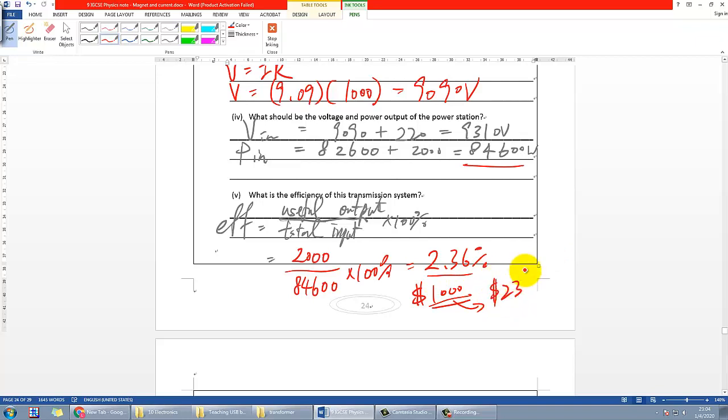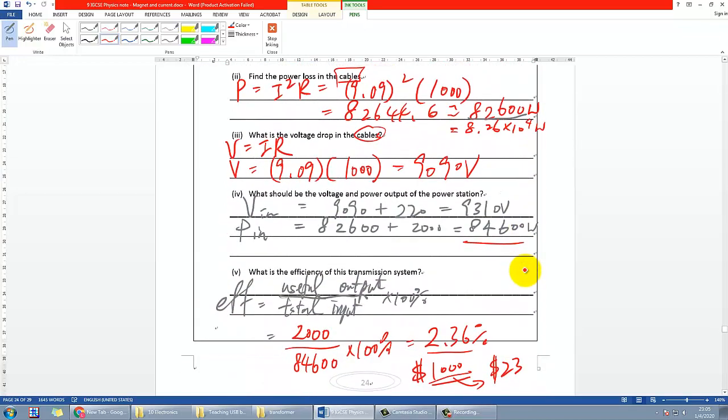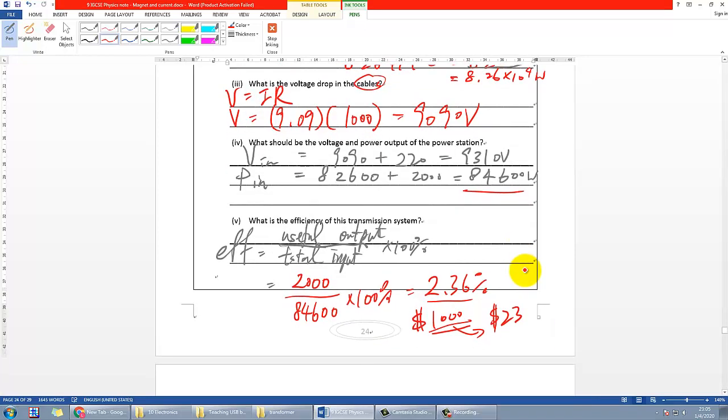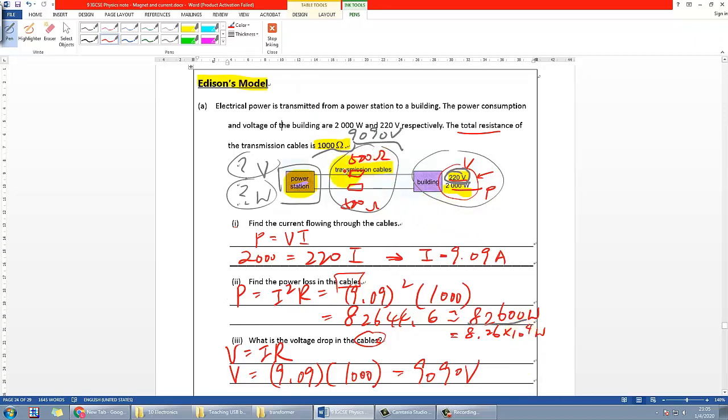It's actually being used properly in your home, or you can think from the energy perspective as well. It's a waste of energy also, and that, of course, would further worsen the global warming situation. While the rest of it, which is $977, is simply wasted across the cable.